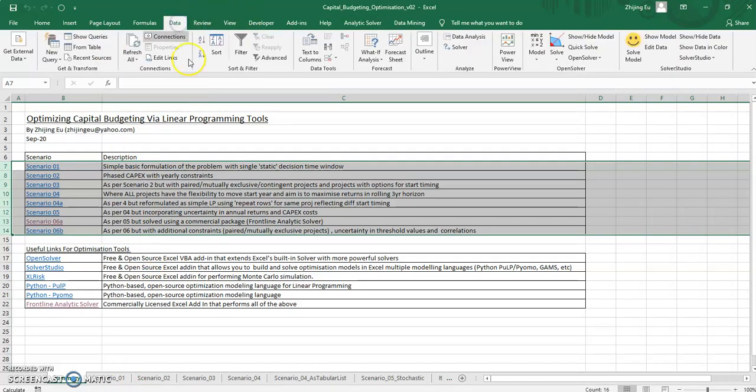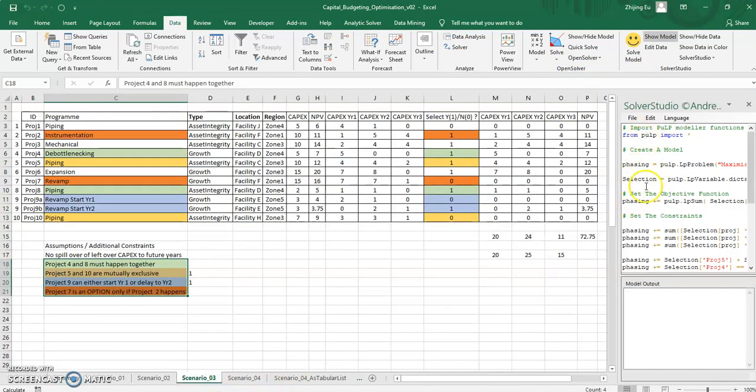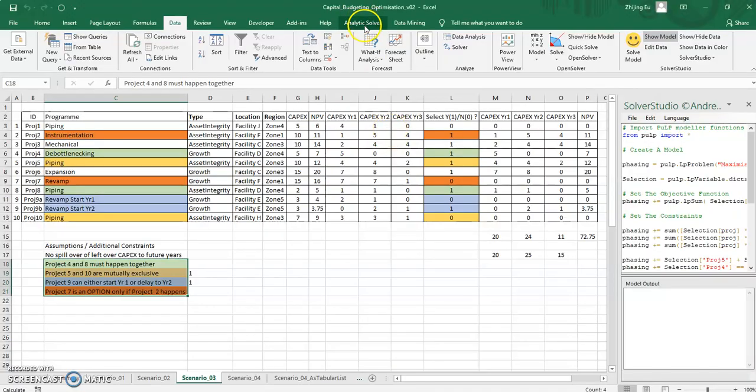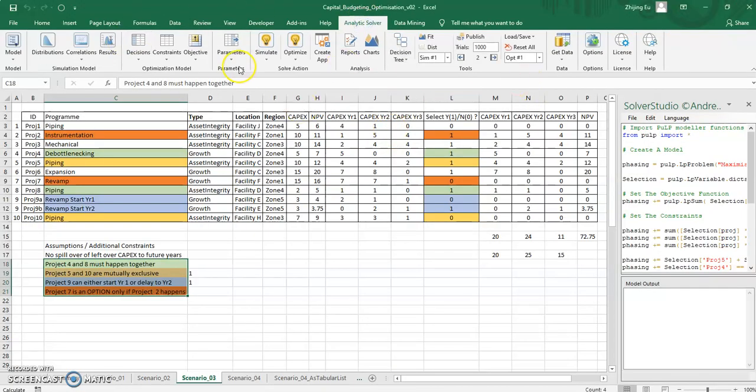And we had to ramp up our tools from the basic Excel solver to more advanced add-ins and eventually using code from Python libraries like PuLP and Pyomo. And I think at the very end, we ended up looking at a commercial solution.